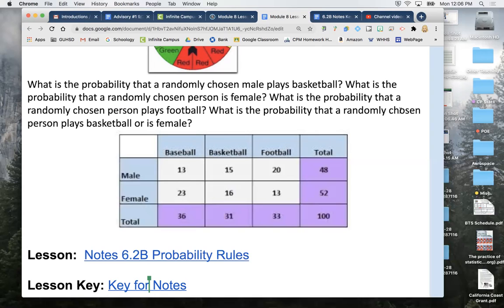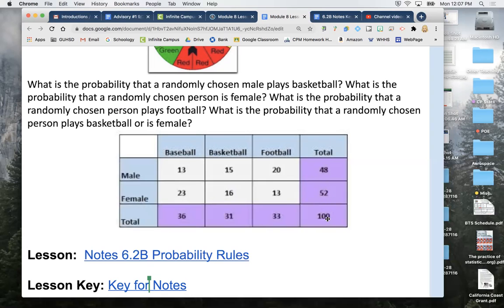So this randomly chosen person plays basketball. Well, that would be the 31 out of 100, plus they are female. Well, that's going to be the 52 out of 100. So I'm going to do 31 out of 100 plus being female, 52 out of 100.